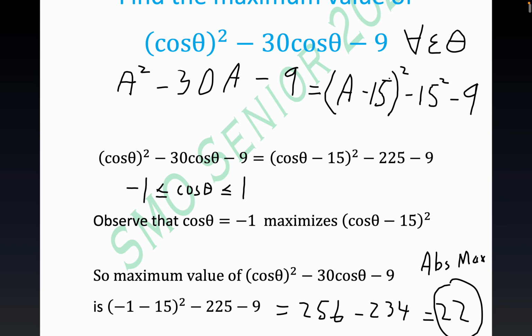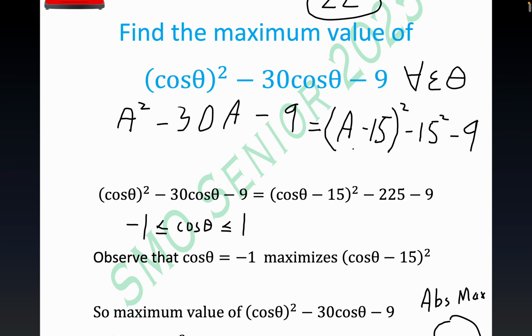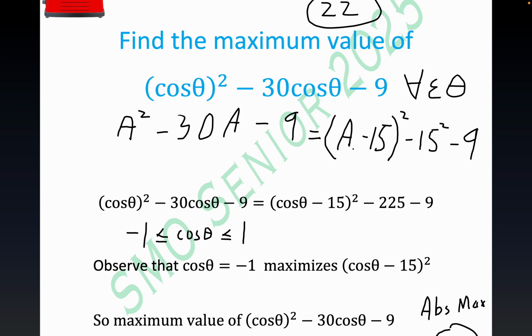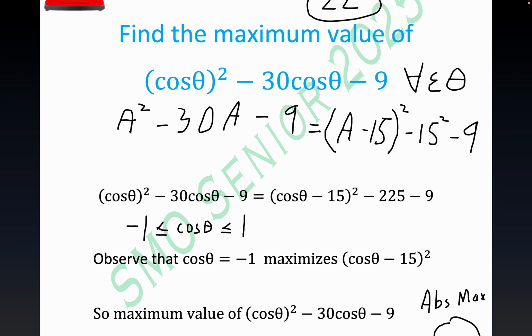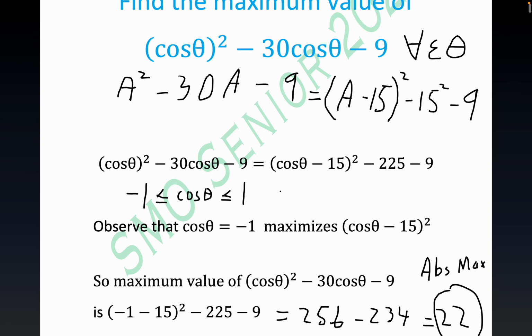And it is kind of interesting, isn't it? Because if these weren't trigonometric functions, this would never achieve a maximum value. It would just be an unbounded parabola opening up, right? I mean, it's just a parabola opening up. But here, you do get a maximum value because cosine itself is a bounded variable, if you will.